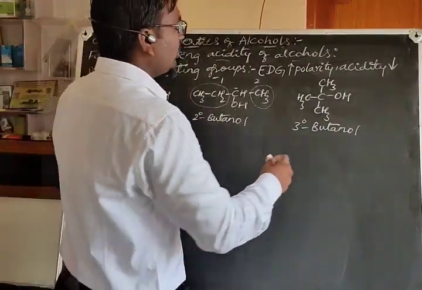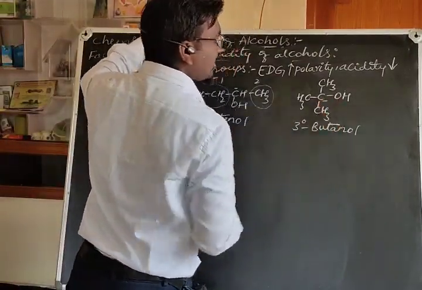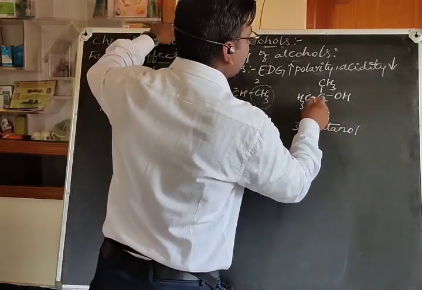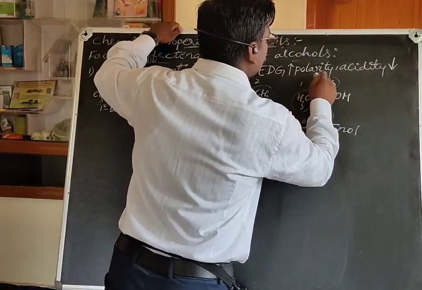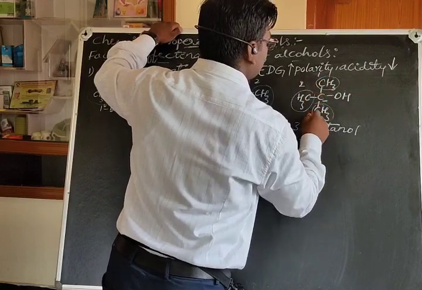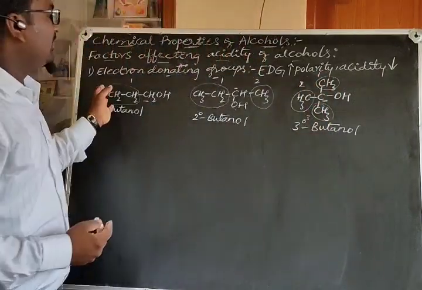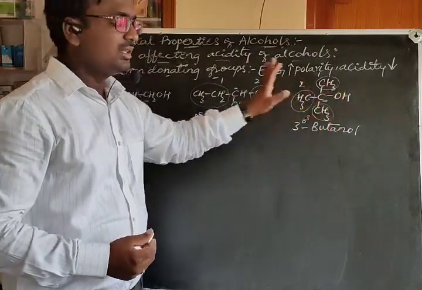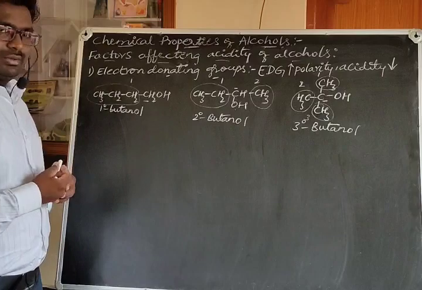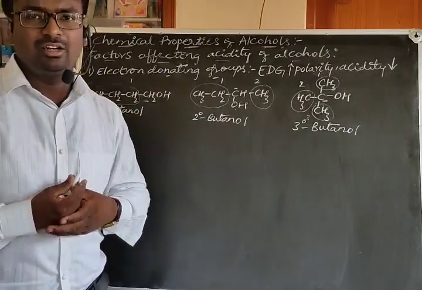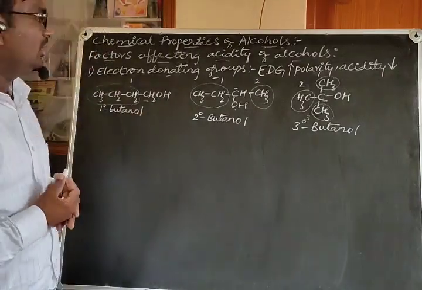Come to this. This is the OH containing carbon and it has three alkyl groups. Here you are observing the increasing number of alkyl groups on the functional group containing carbon. Alkyl groups are electron donating.